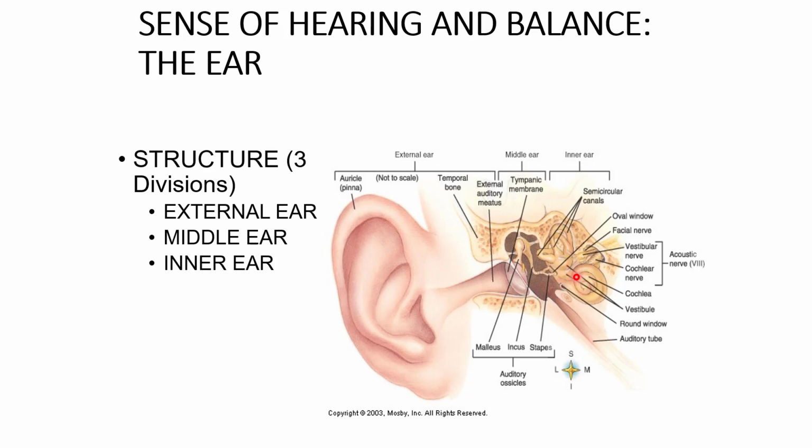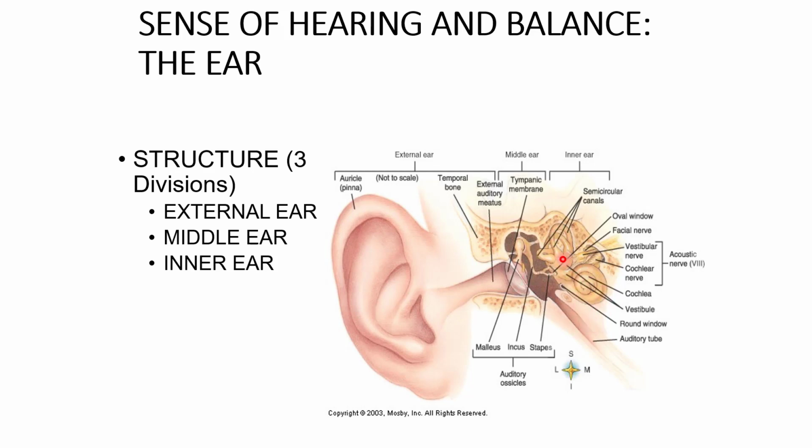What you see in this diagram is the bony part. The bone has differentiated to form these semicircular canals and this spiral cochlear duct. Into these ducts lie the membranous structures of the semicircular canals and the cochlea.